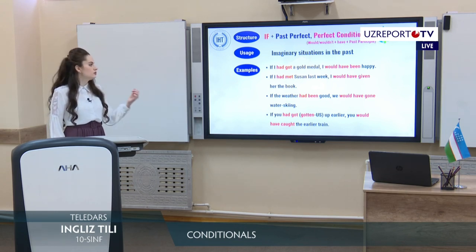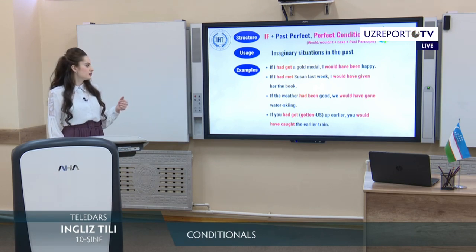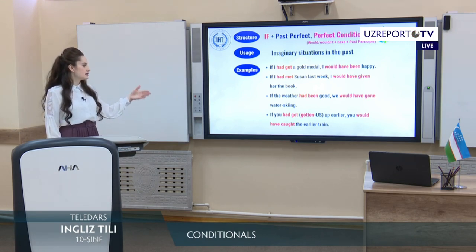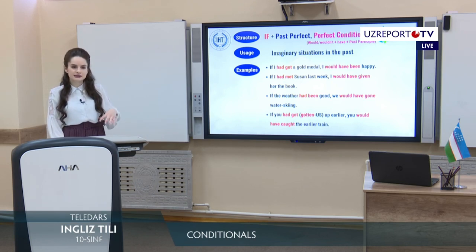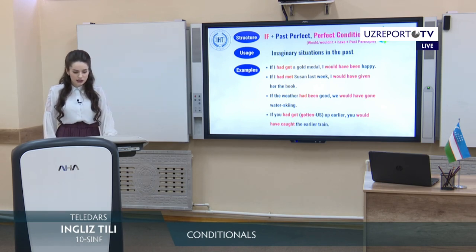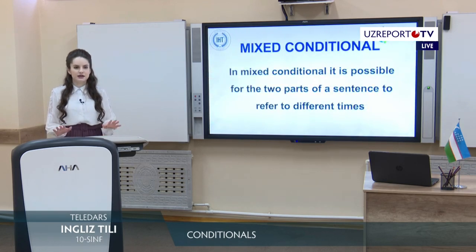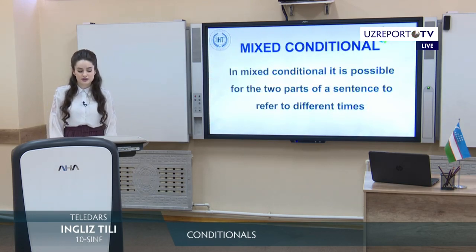But maybe you didn't see her last week. That's why it's impossible. All these examples are about the past that we cannot change. Something didn't happen.